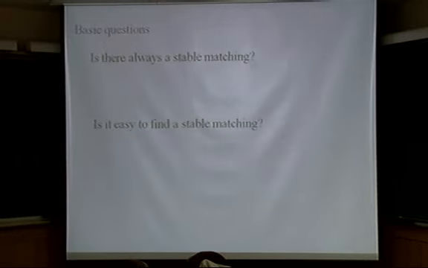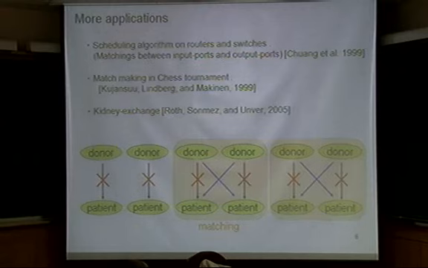So why do you need the stable matching there? Because, for example, if there is a blocking pair, then they want to do it with each other. So if it's not stable, and there is a blocking pair, they complain.